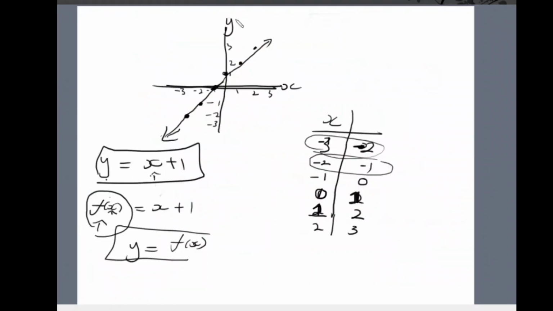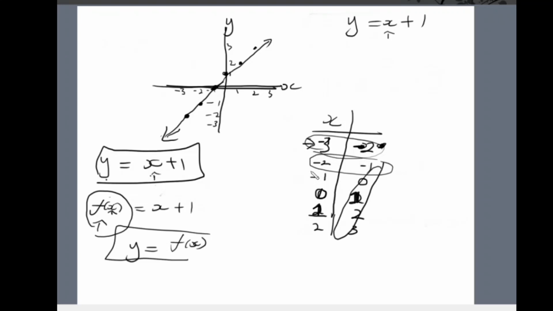In order for this relation here to be a function, for every input value we have to get only one output value. Just like in here, if x is -3, we know our output value is -2. Nowhere else do we have -2 in here, right?